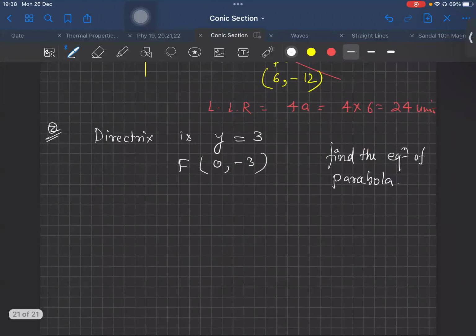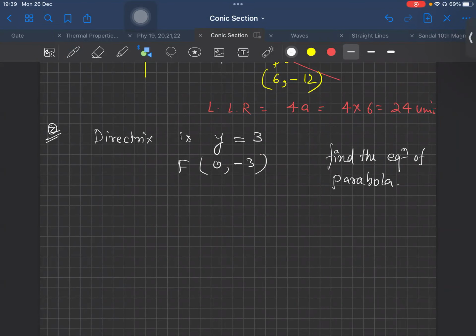How will you do it? What will be the value of A? See, focus is always either A comma 0 or 0 comma A. In this case it is 0 comma A. That means what type of parabola is this? I'll just draw a rough diagram, X and Y. Now see, the focus is given as 0 comma minus 3.